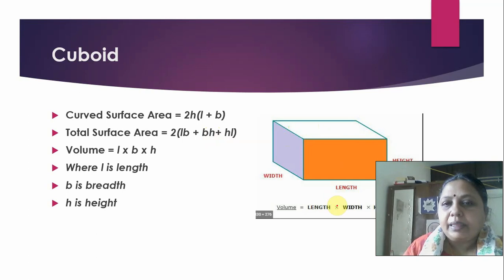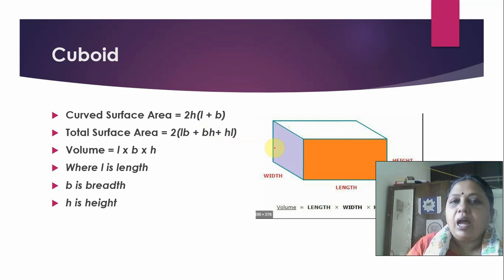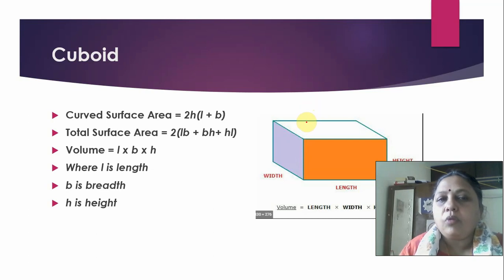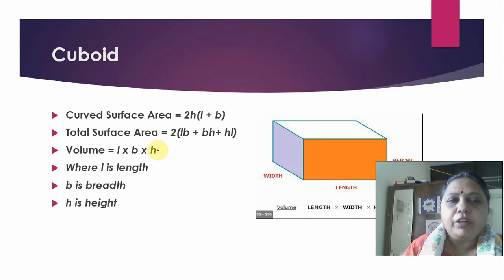The top and the bottom 2 faces and the 4 faces on all the 4 sides. So, we have 2 into (lb plus bh plus hl), whereas in the curved surface area, we had left the top and the bottom. That is the lb part, 2lb was left. Okay. Now we'll go into the volume of a cuboid.